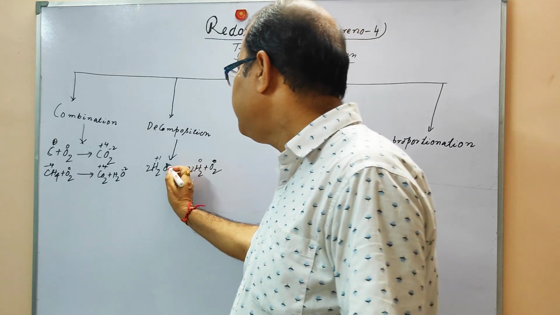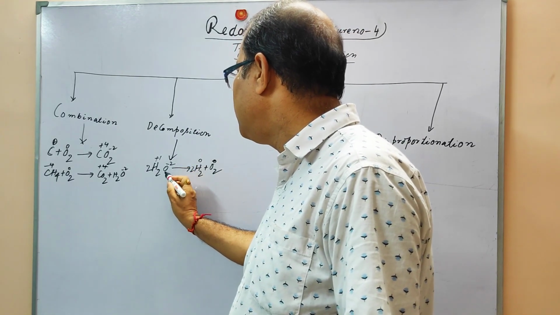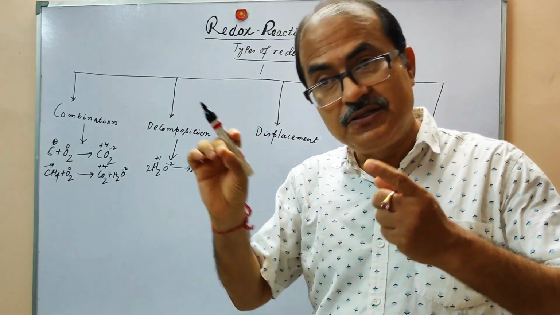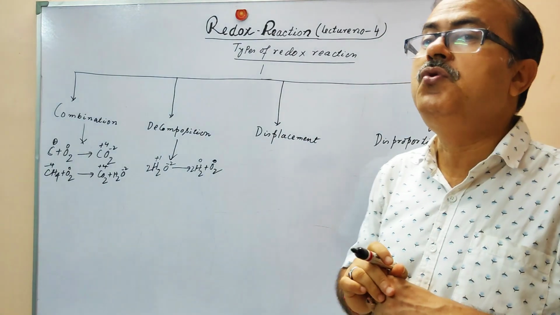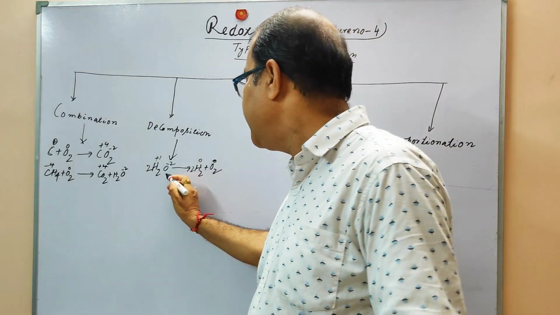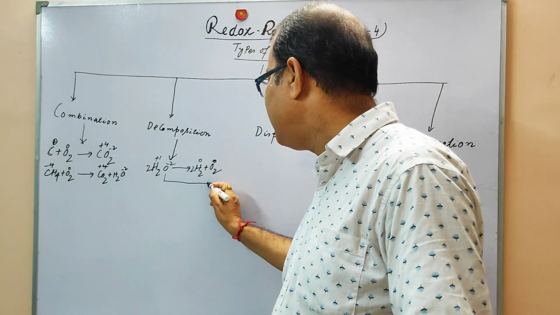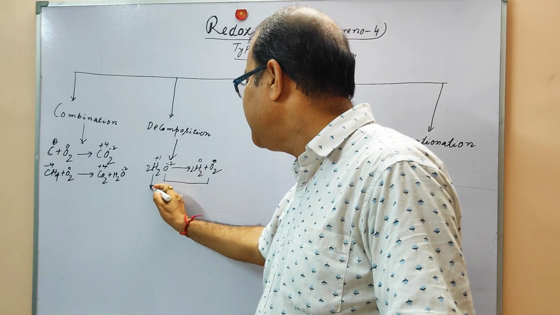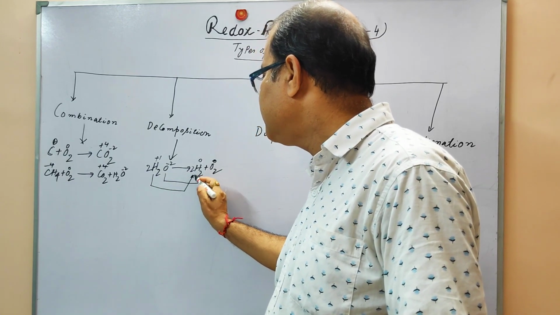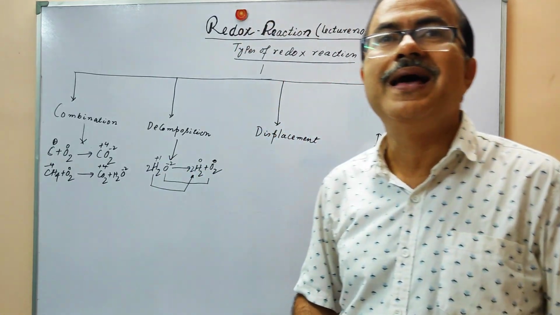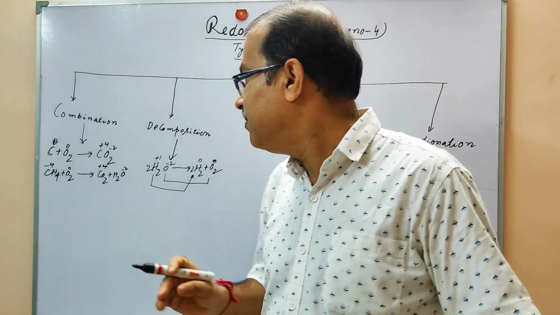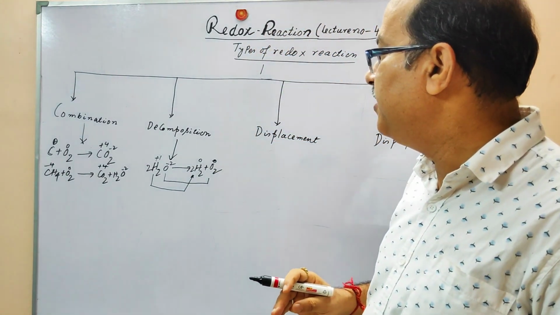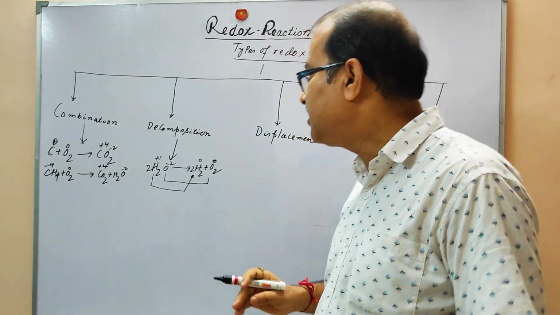So what we observe is that the oxidation number of oxygen increases. So here oxygen is oxidized and hydrogen is reduced, because the oxidation number of hydrogen has decreased. So this is one of the very important decomposition reactions.